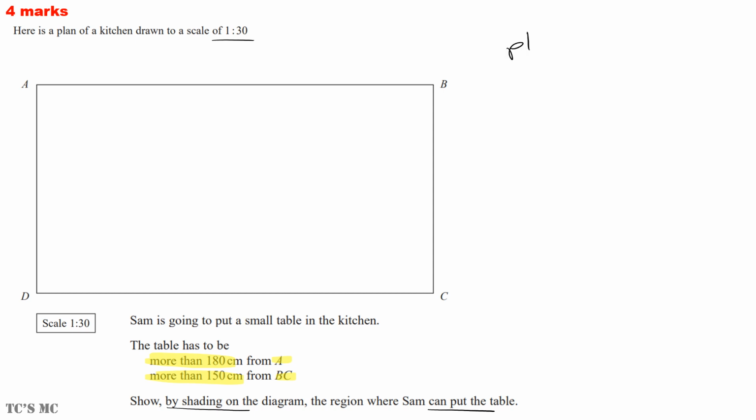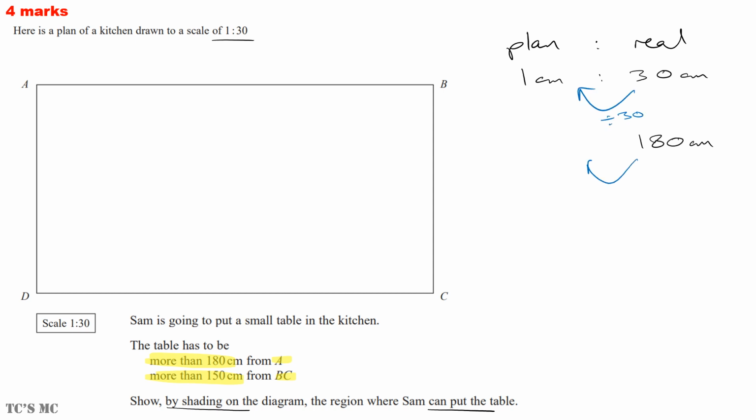So we have plan and we have real life. 1 centimetre on the plan is equal to 30 centimetres in real life. So starting with the first point, the 180 centimetres, I've got 180 centimetres. If I go backwards, I need to divide by 30.